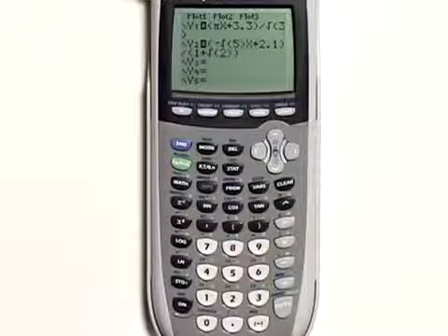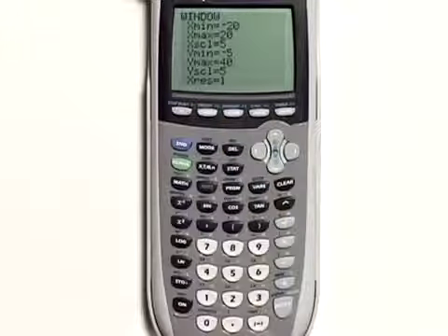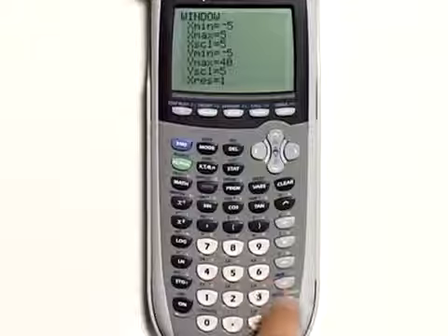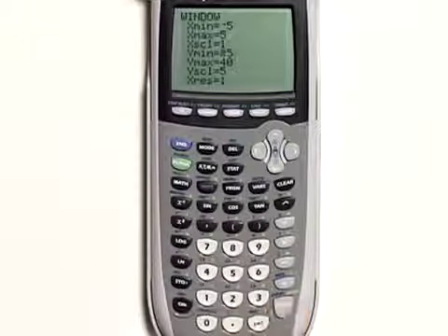So those are our two equations. Let's set the window, so we hit the window key, and we want that to be negative 5, so hit negative the 5 and enter. We want this to be positive 5, hit the enter. The scale we want to be 1. We want the same numbers for the y values, so negative 5 is already there.